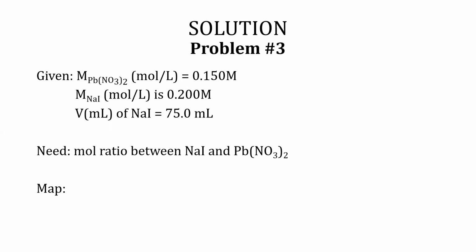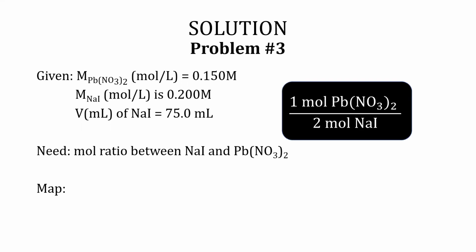In addition, the volume and molarity of NaI are 75 milliliters and 0.200 molar. One needs the mole ratio between NaI and PbNO3, which is 1 mole PbNO3 to 2 moles of NaI.